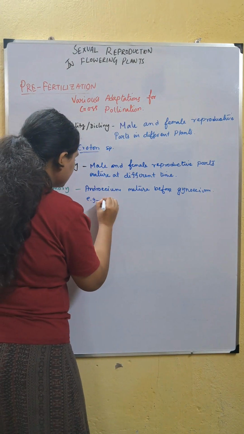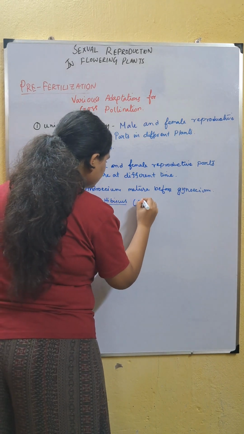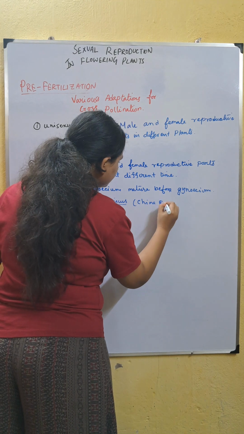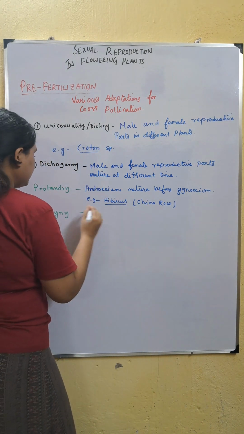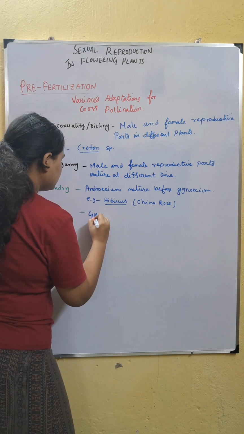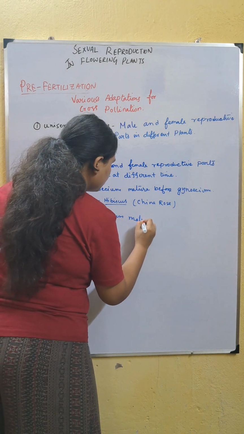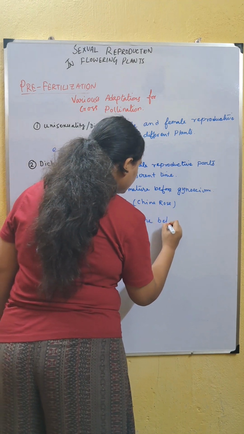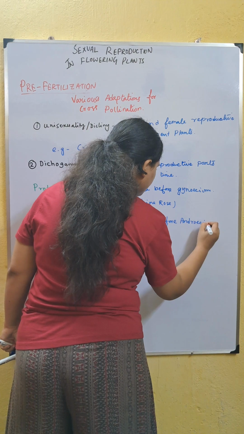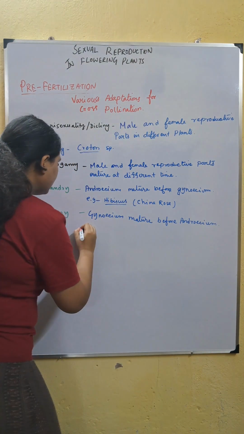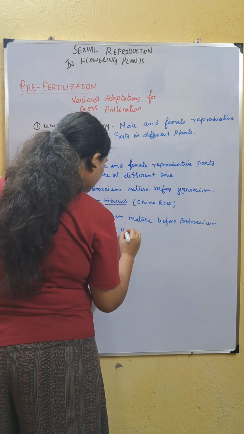Example is hibiscus, which is China rose. Another one is protogyny. It is when the gynoecium matures before androecium. For example, fig, magnolia.